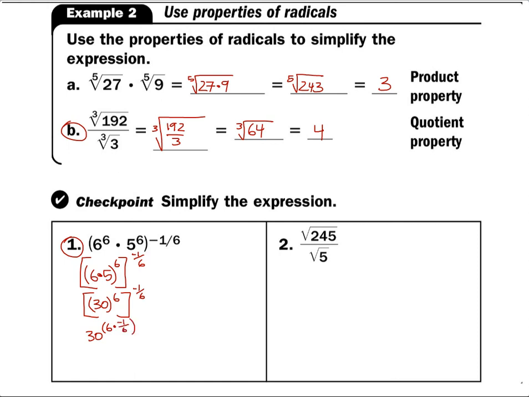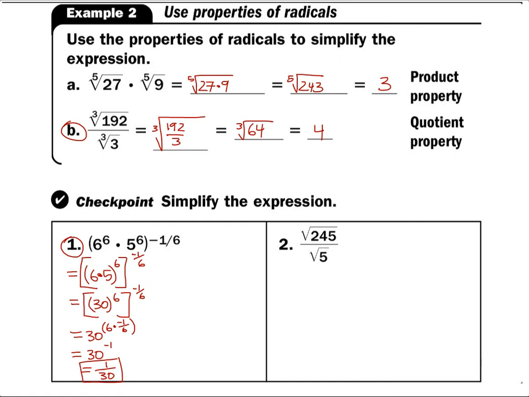So that's 30 to the negative 1. And so that's just 1 over 30. And I should have had some equal signs along the way to show that one goes to the next. So our answer is 1 over 30.